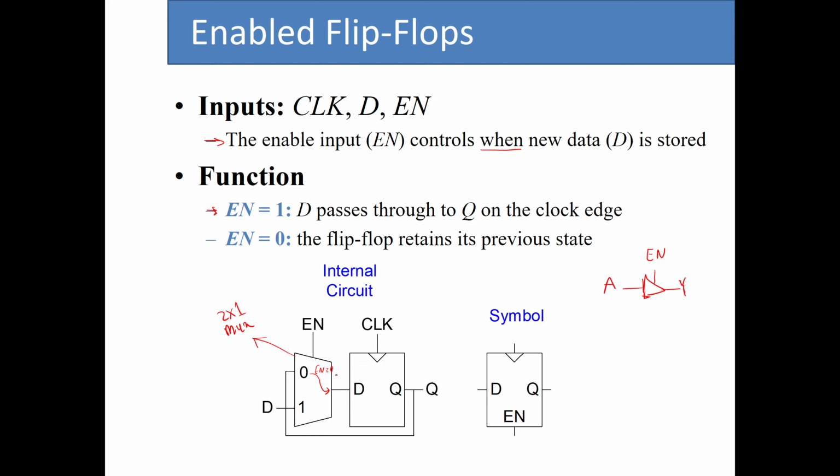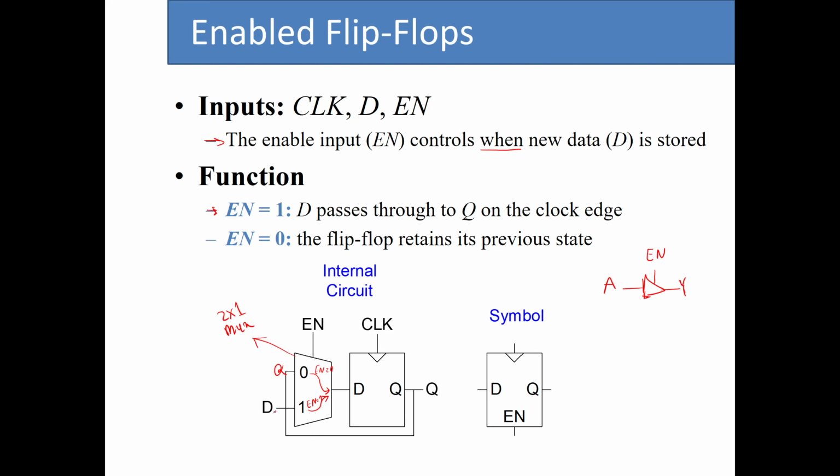So when enable is 0, that means that we don't want this flip-flop to be changed. So whatever it was previously, we want it to stay at its previous value. On the other hand, when enable is 1, this input will be delivered to the output of the multiplexer.